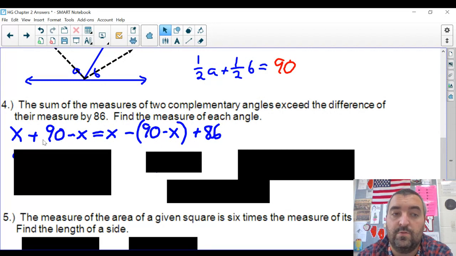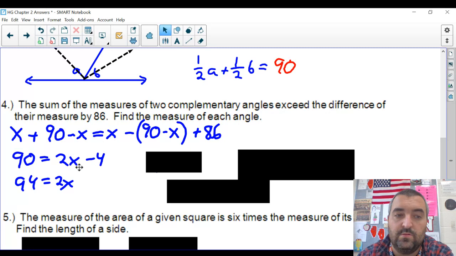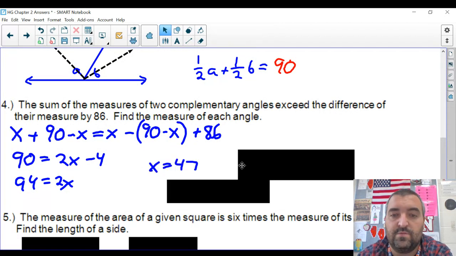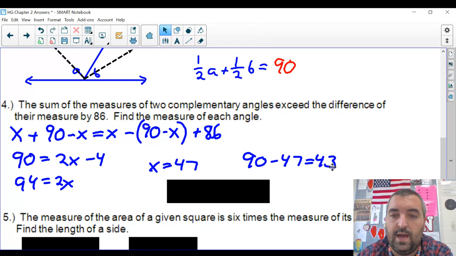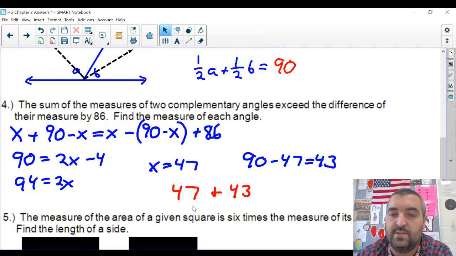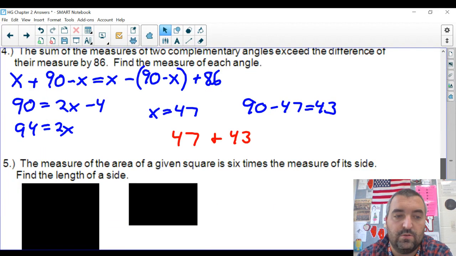So when you add them together, you should get their difference plus 86. Now if we do some algebra, multiply out, and move stuff around, we end up with 94 equals 2x. So x equals 47. Because we want both angles, we need to find the complement. 90 minus 47 is 43.